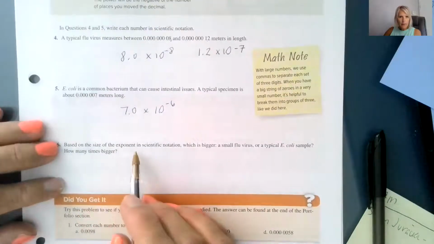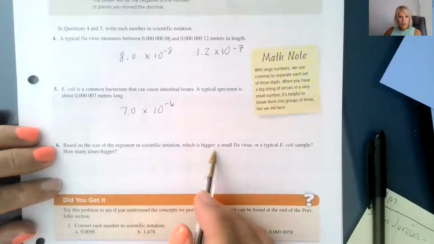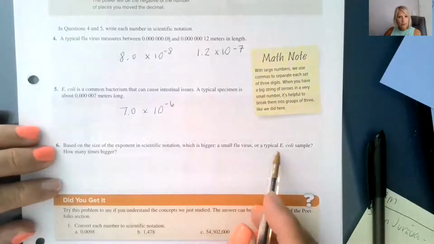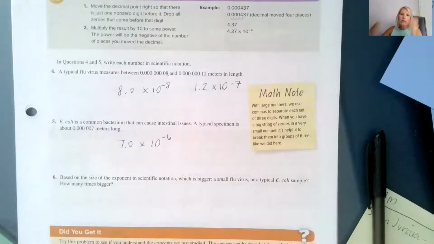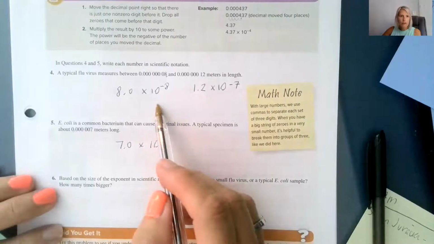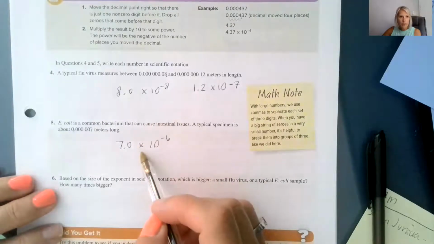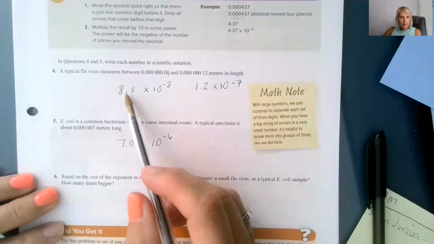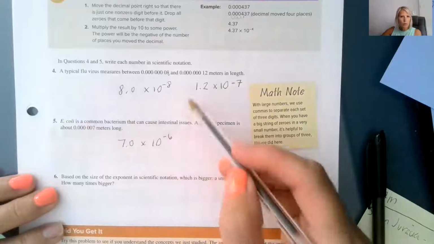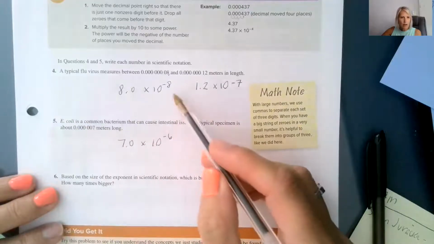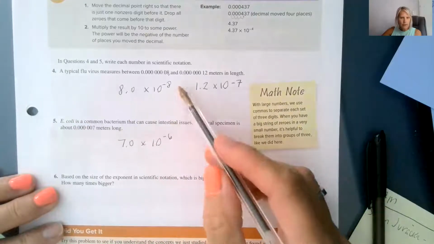Based on the size of the exponent in scientific notation, which is bigger, a small flu virus or a typical E. coli sample? So here's our smaller typical flu virus, and here's our E. coli. And 8 divided by 7 is close to 1. So we're just going to look at the exponent difference.